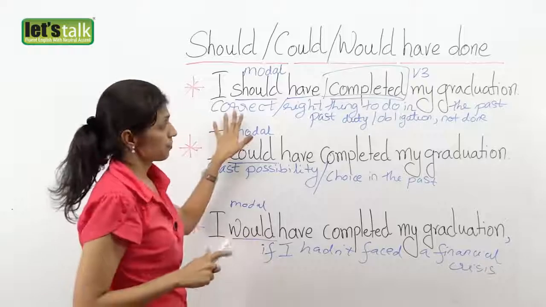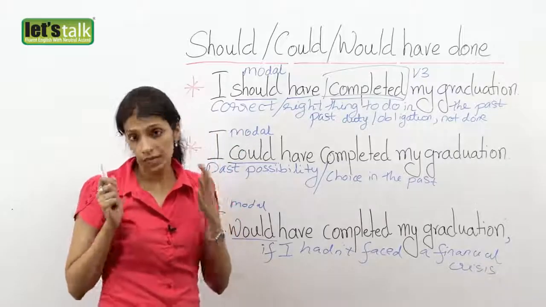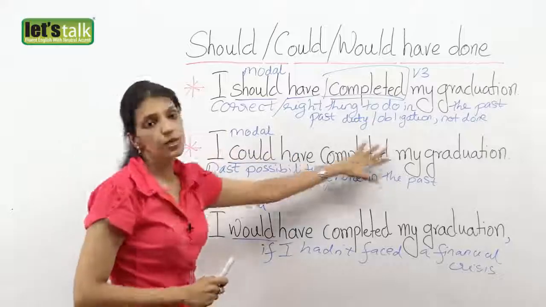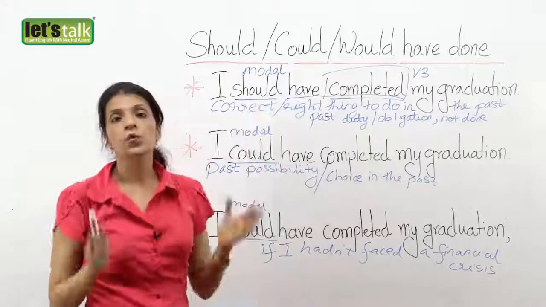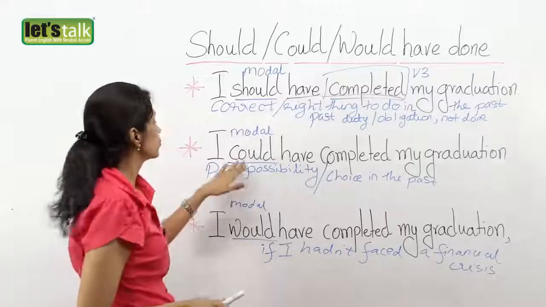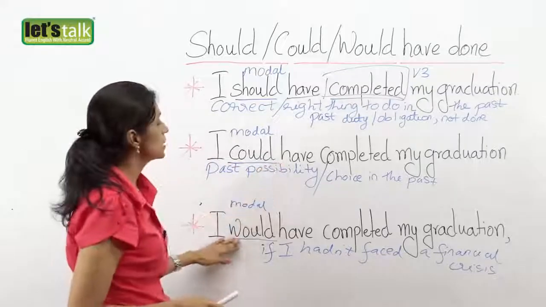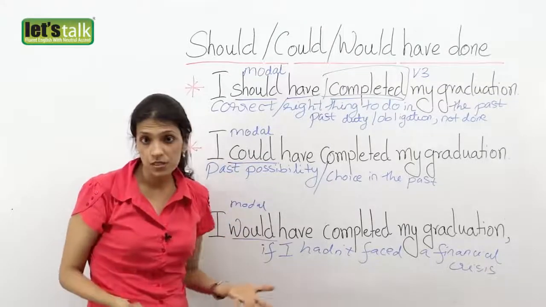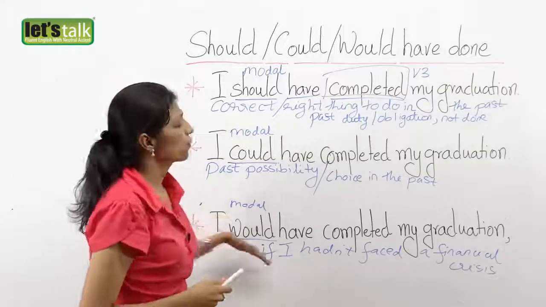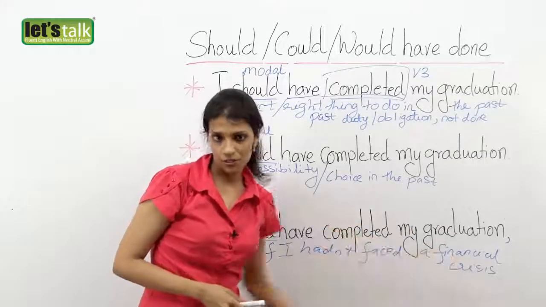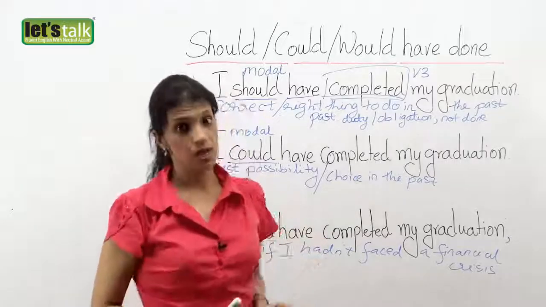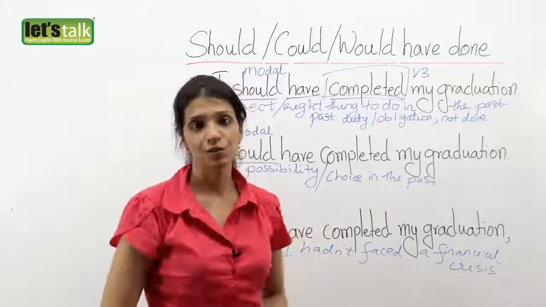It could be the right or the correct thing that you should have done in the past. Could have completed is used when you made a decision, when you had a choice to do it, but you chose not to. And would is when you are faced with circumstances, things are not in your hands, and you just go with the flow. So you say, I would have completed my graduation. Okay friends, this is the difference between should, would and could have with the verb in the 3rd form.